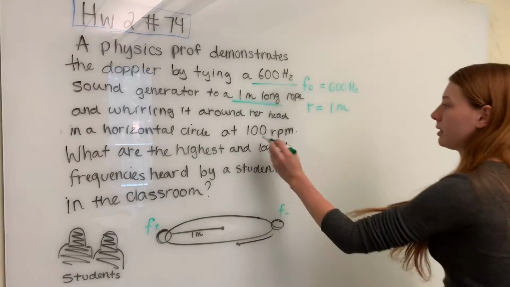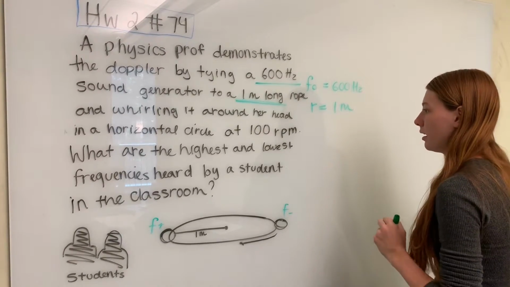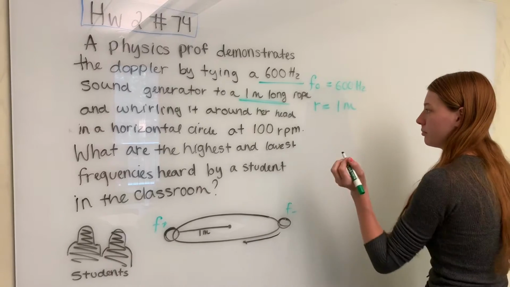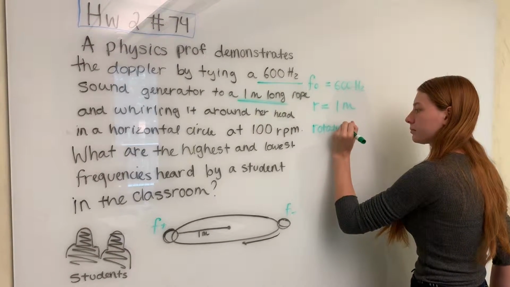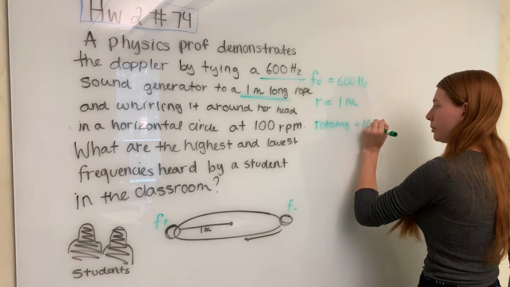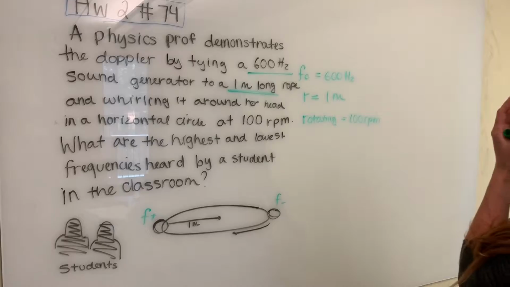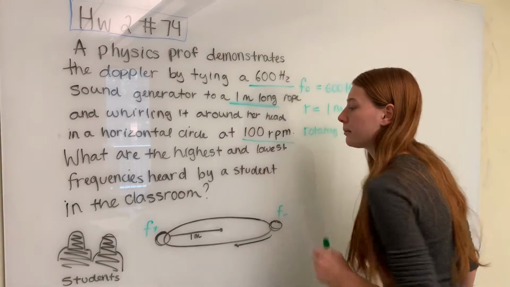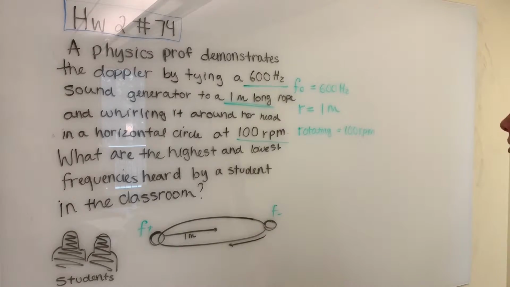And then you're also given the rate at which the circle moves. So I'll write that the circle is rotating at 100 RPMs, and RPM is revolutions per minute, so let's underline that. And that's basically it for our knowns.